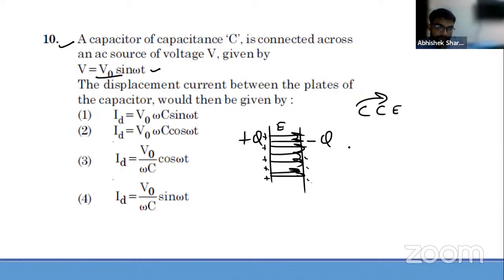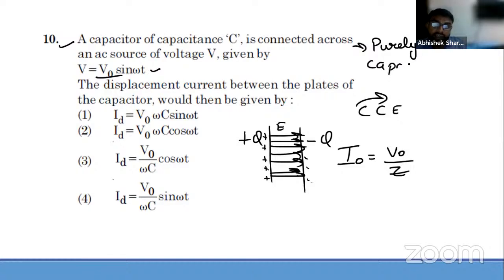We know this thing. Maximum current amplitude is given by maximum voltage upon impedance. But here, it's not an LCR circuit, it's not an LC circuit, it's not an LR circuit, it's just a purely capacitive circuit. Such a kind of circuit which is given in this question is basically a purely capacitive circuit.